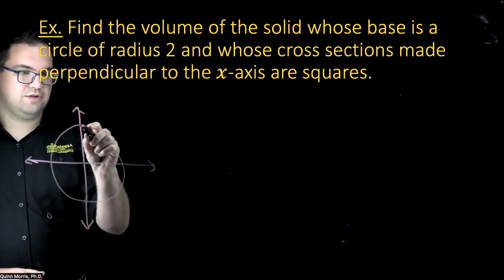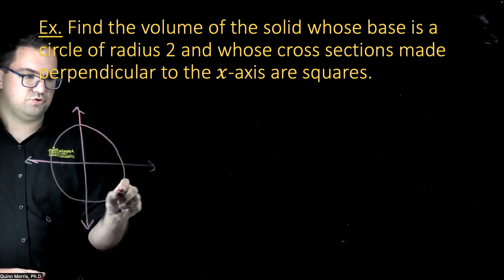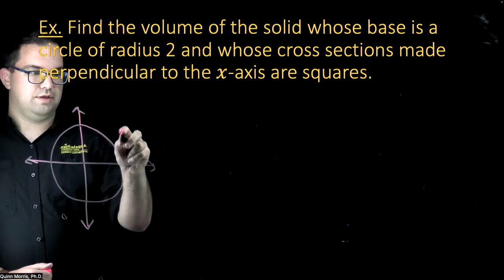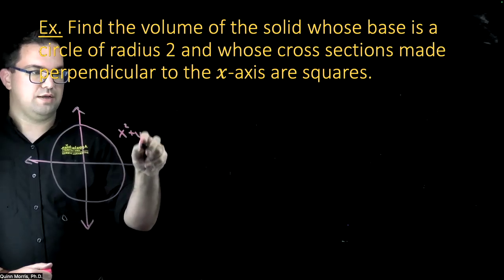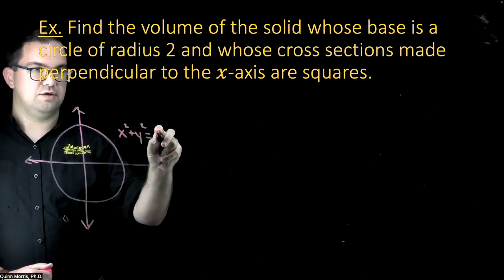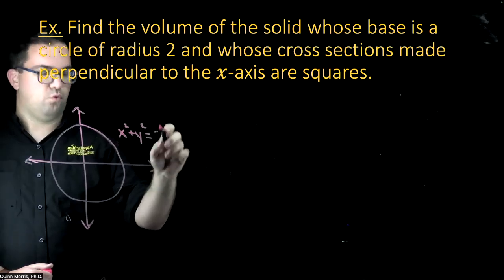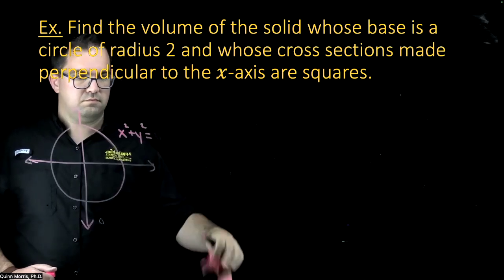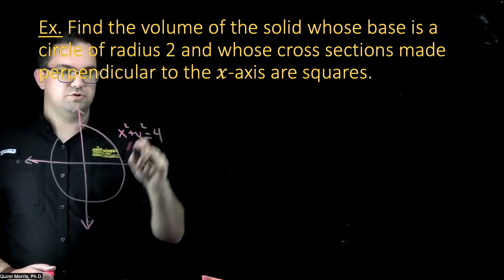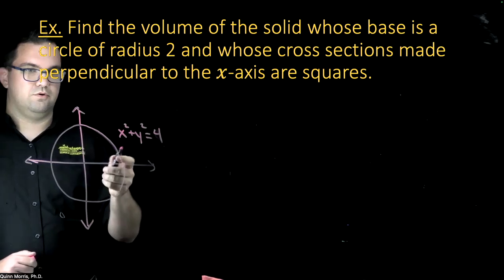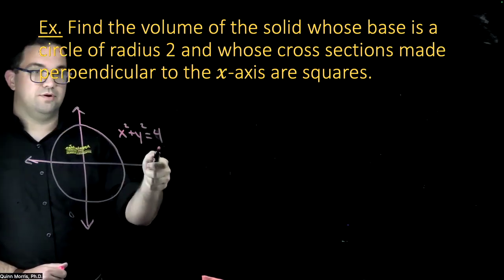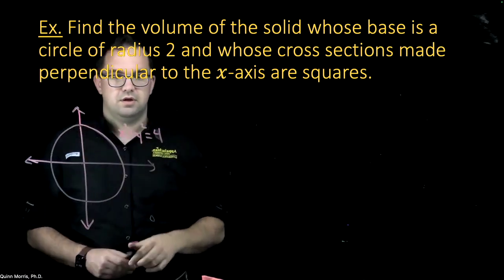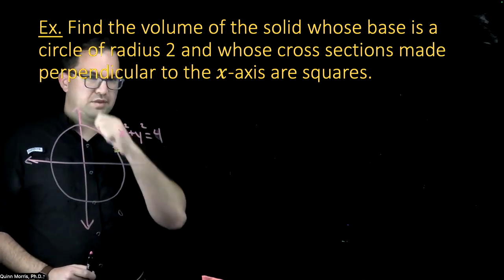And so even though I didn't give you an equation for this, the equation of this circle is just x squared plus y squared is equal to 4. So in general, for a circle, x squared plus y squared is equal to radius squared. So the circle of radius 2 has a 4 over here.